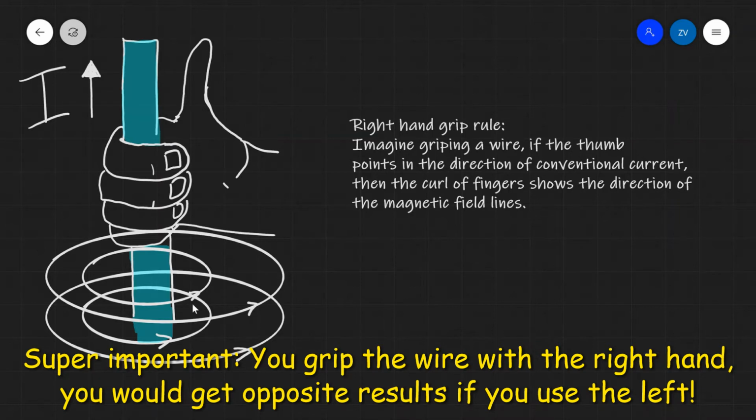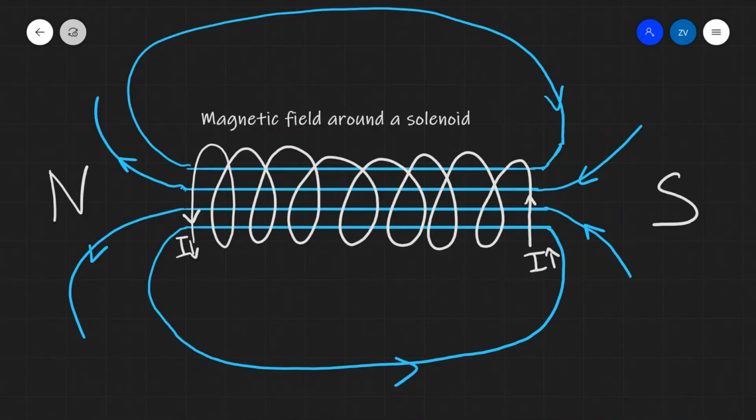And we can use this as another way of remembering the rule for drawing magnetic field lines around a current carrying wire. One more field I would like to have a look at in this online lesson is the magnetic field around a solenoid. Now, a solenoid is just a fancy word for a loop of wire, and often there are multiple loops of wire.